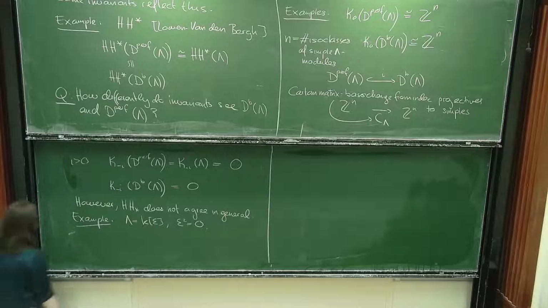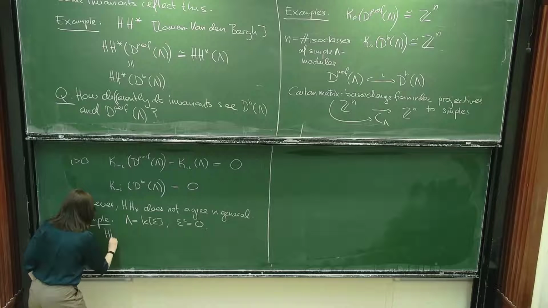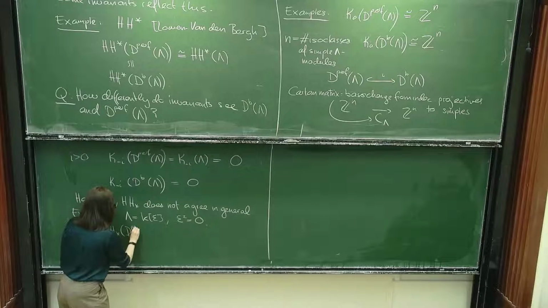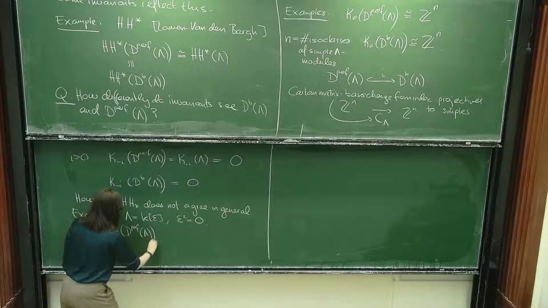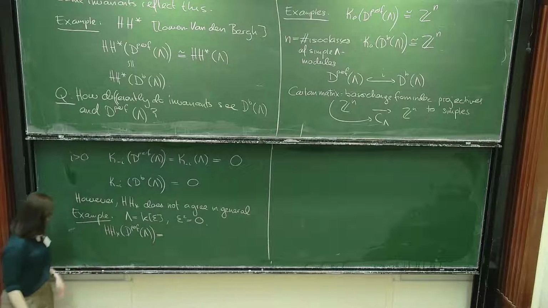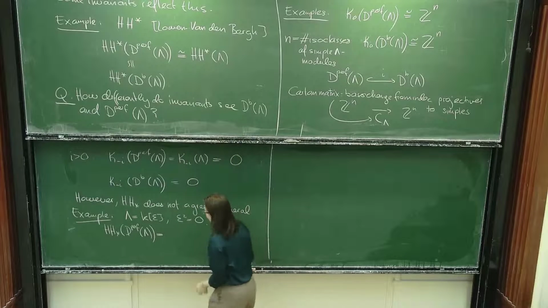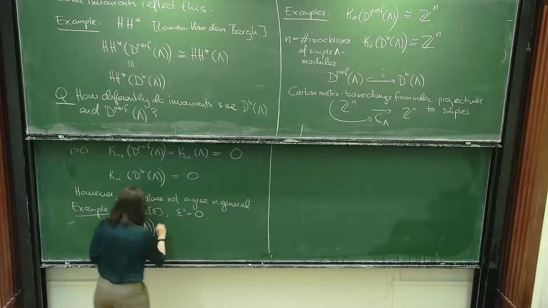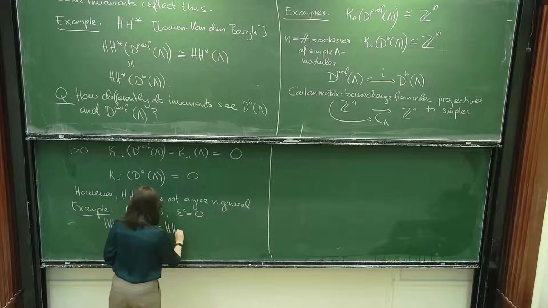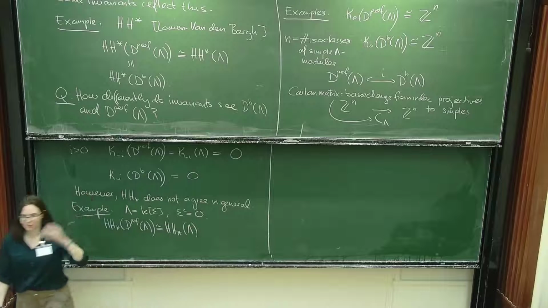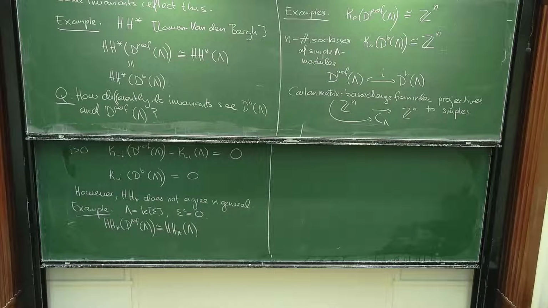Then Hausdorff homology of the perf of lambda, well, this is an additive invariant. This is a localizing invariant. This is the same as Hausdorff homology of lambda itself. So Hausdorff homology of an algebra is going to be concentrated in non-negative degrees.